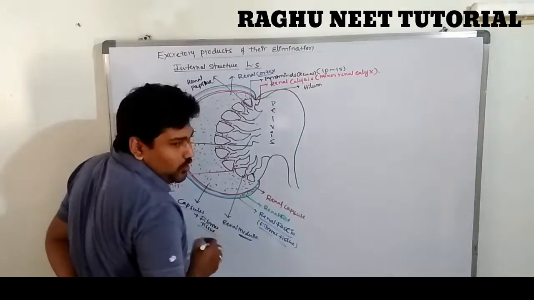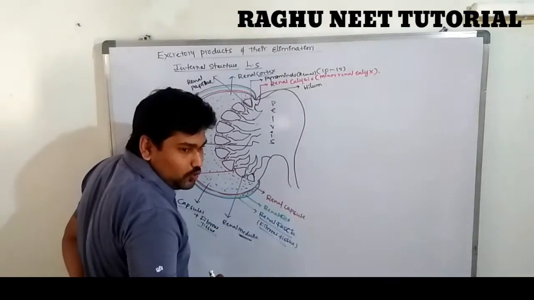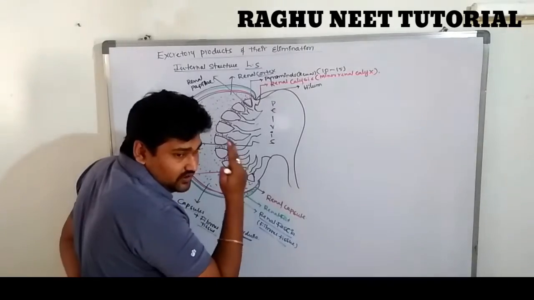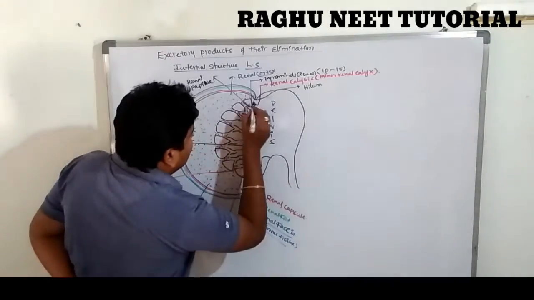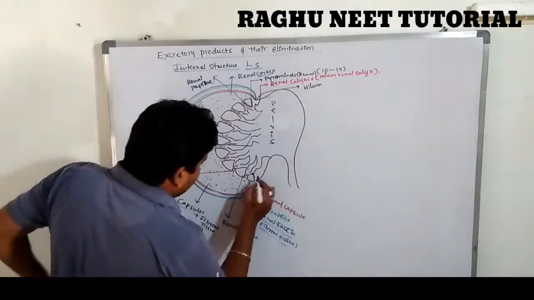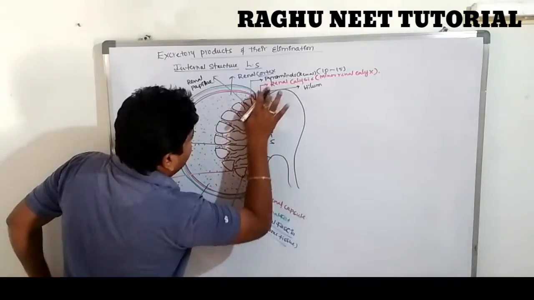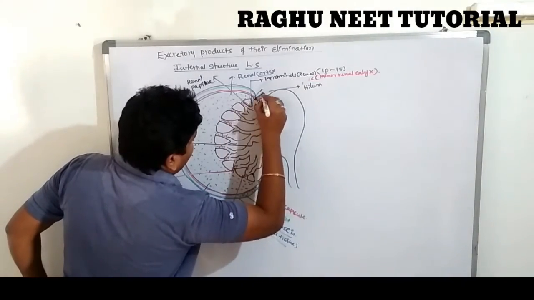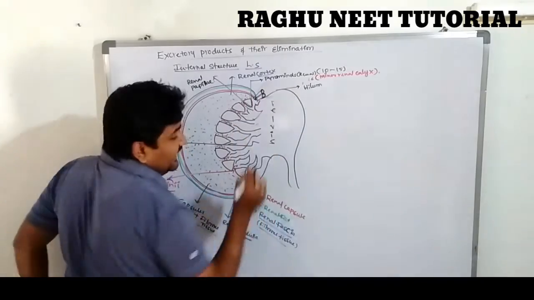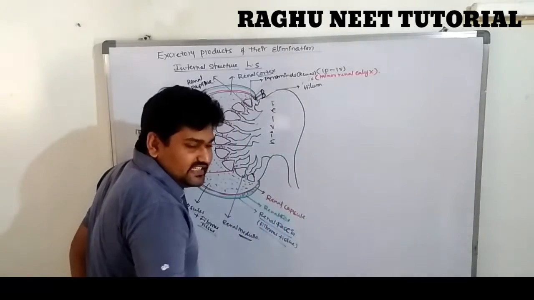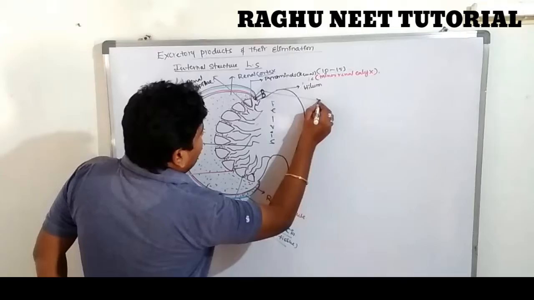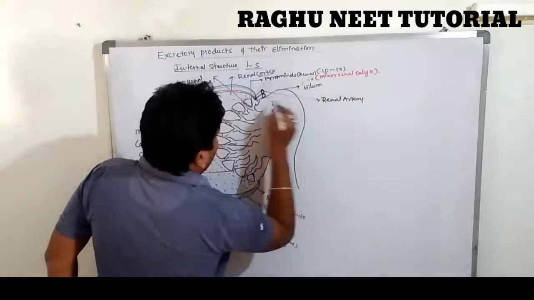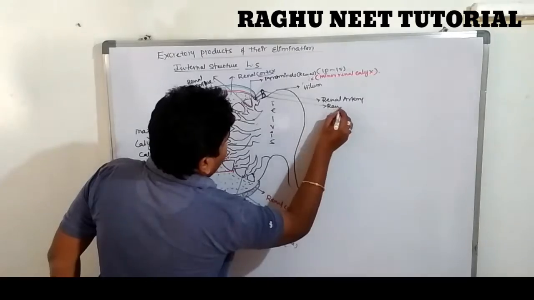So the hilum also has two blood vessels passing through it. What are the two blood vessels? They pass into the inner side of the kidney region. One is the renal artery, and another one is the renal vein.